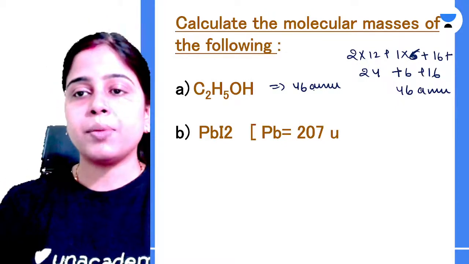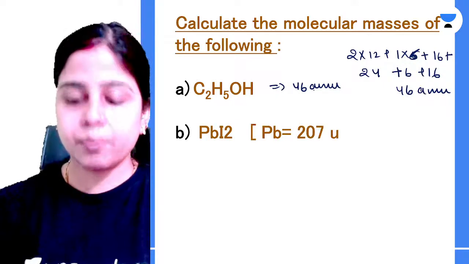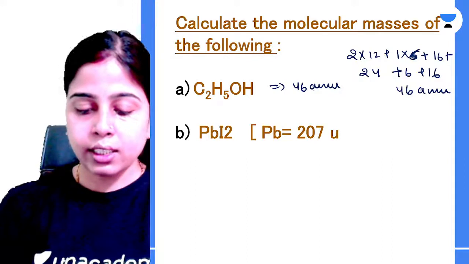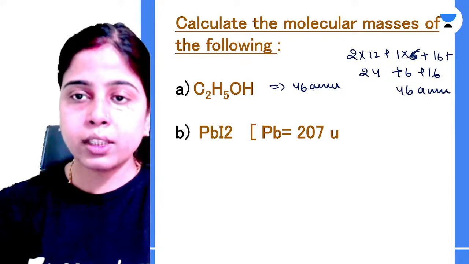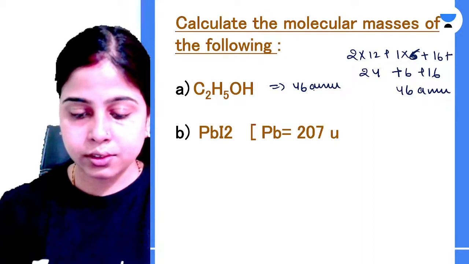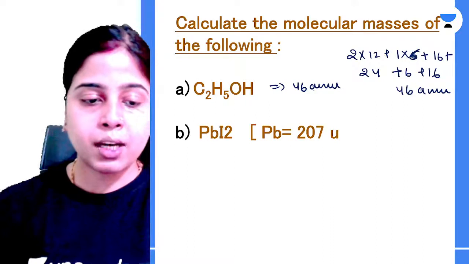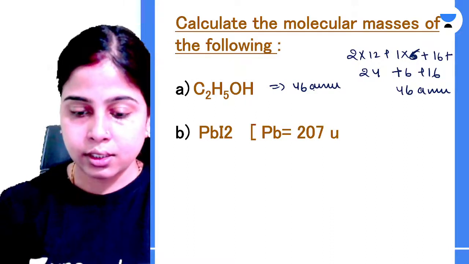Clear? Then PbI2. We need to find out the molecular mass of PbI2, that is lead iodide. So tell me fast, what is the atomic mass of your iodine? Anyone?